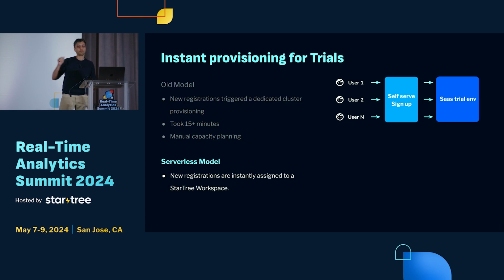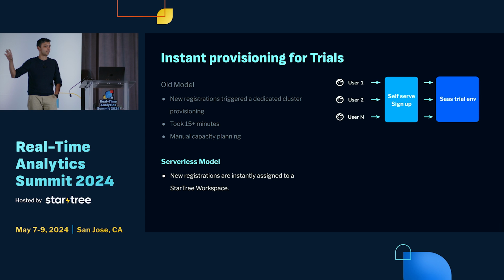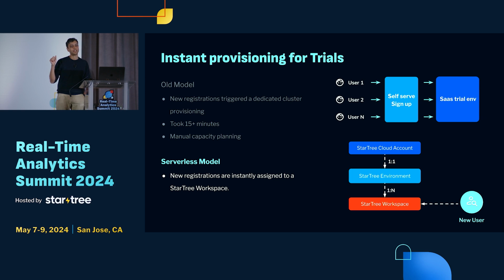With serverless, we are now transitioning to this model, where if a new user signs up, you just get assigned to an existing StarTree environment. To be more precise, the new user is now assigned to a new abstraction that we are also announcing as part of this, which is a StarTree workspace. We'll talk about that in the second half.